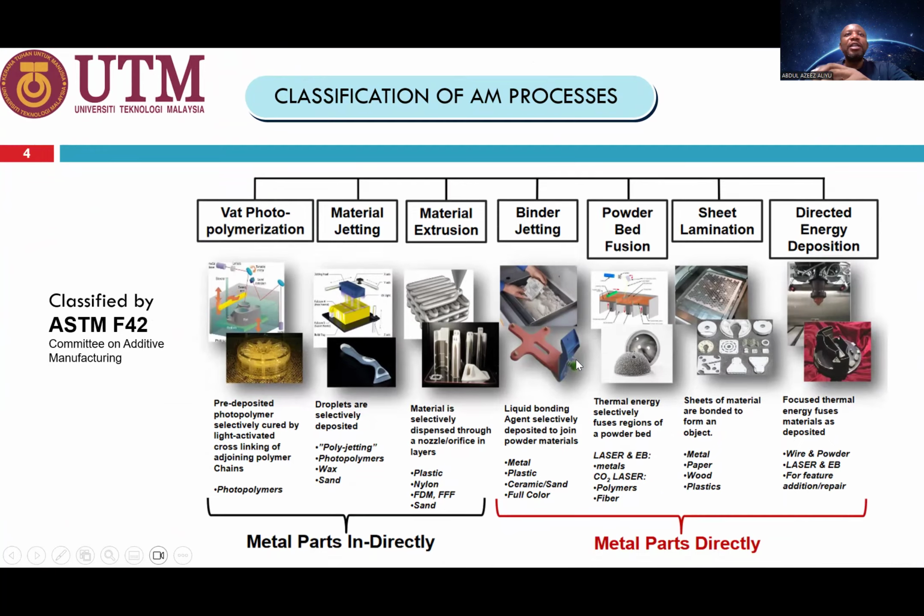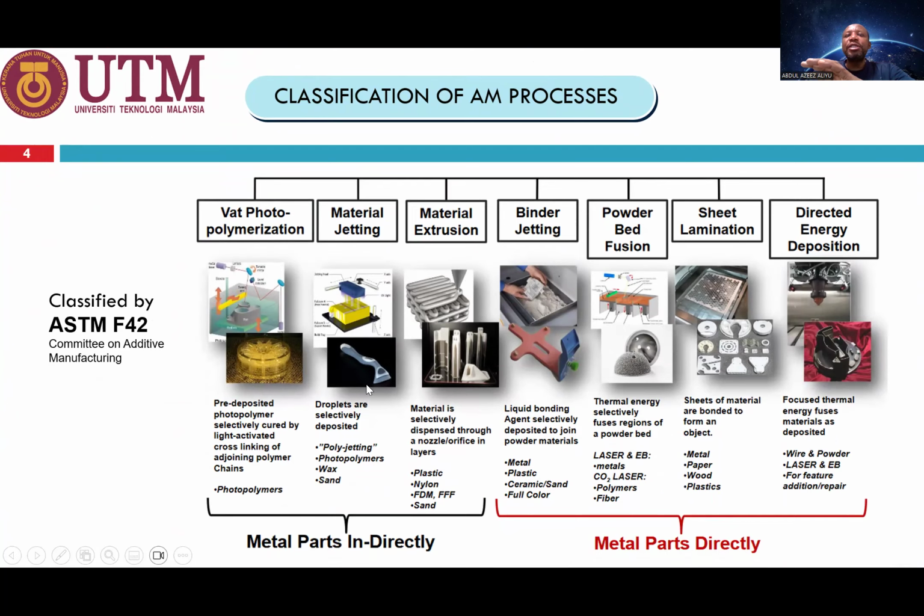Now let's have a glimpse of various kinds of additive manufacturing, specifically metallic additive manufacturing processes. These are mainly classified into direct and indirect processes.